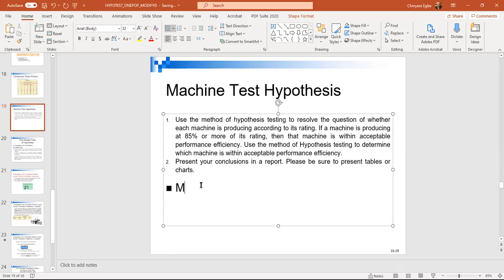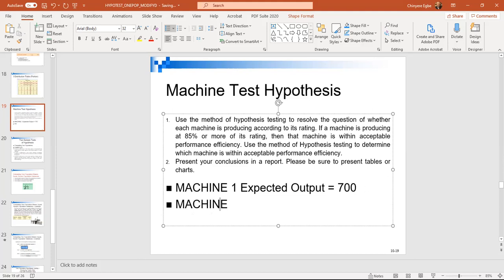Now, let us remember that machine number one, expected output equals 700 units. That is the expected output. So I'm going to use that one to illustrate, for 700 units.